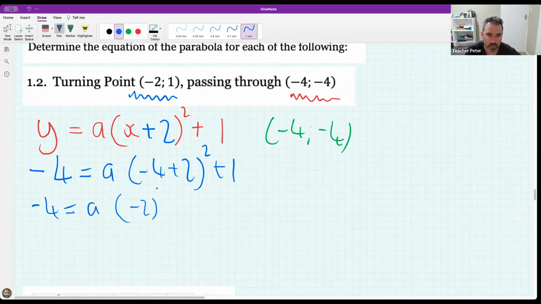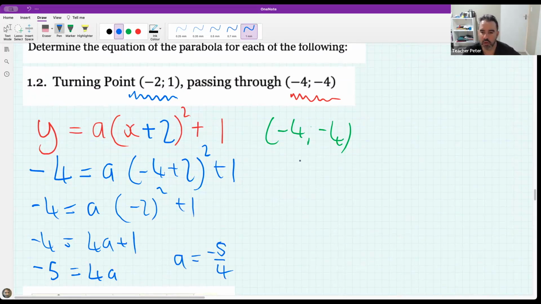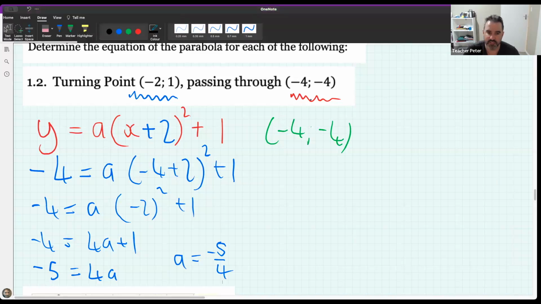So that's... so a is going to be minus 5 over 4.